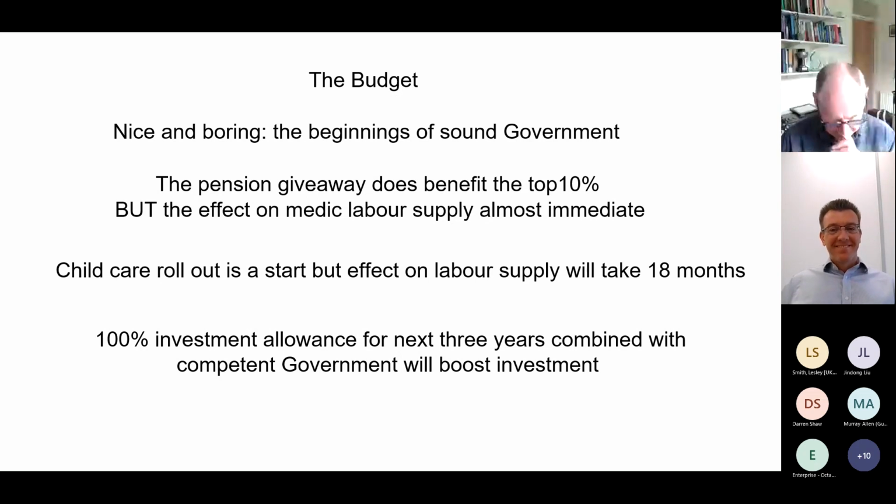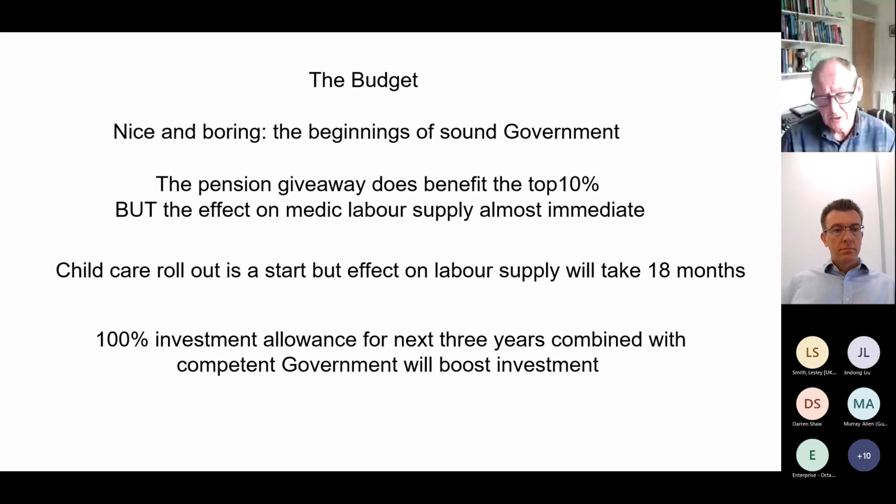The budget. Nice and boring, thank goodness. What the Chancellor has done is two really important things. Well, there's three, really. The first is this pension so-called giveaway, which will increase and is increasing the supply of consultants and GPs. The latest data is 90,000 have reapplied to the BMA to get back into doing stuff. They're people in their 50s.